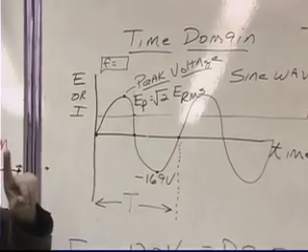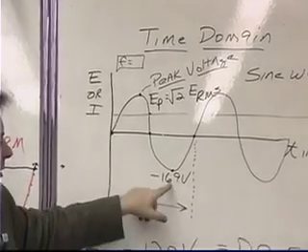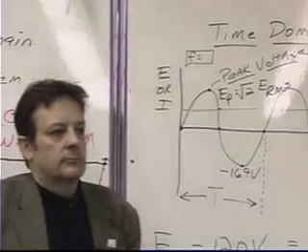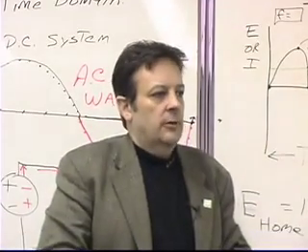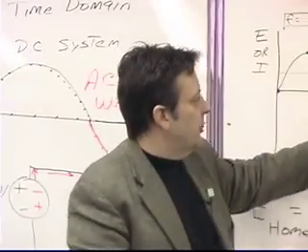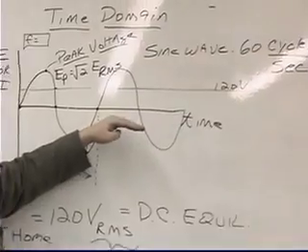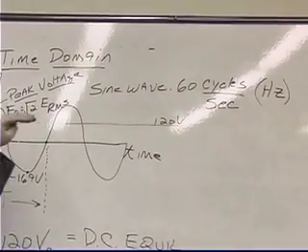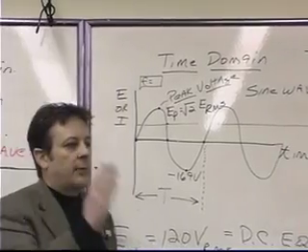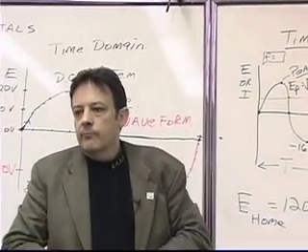And for people living in the United States, that value is around 170 volts. Okay? So you can see huge difference between DC and AC. DC is constant and never changes. AC is constantly changing. Back and forth, back and forth. Any questions?